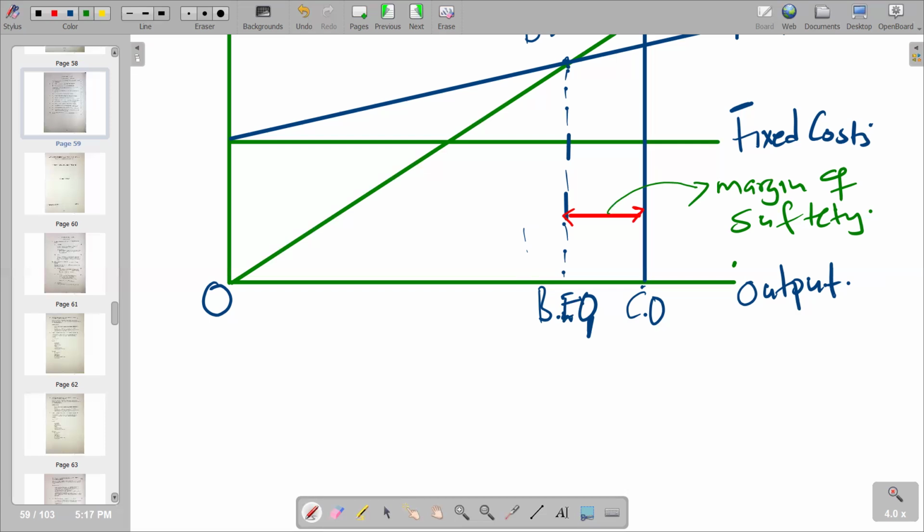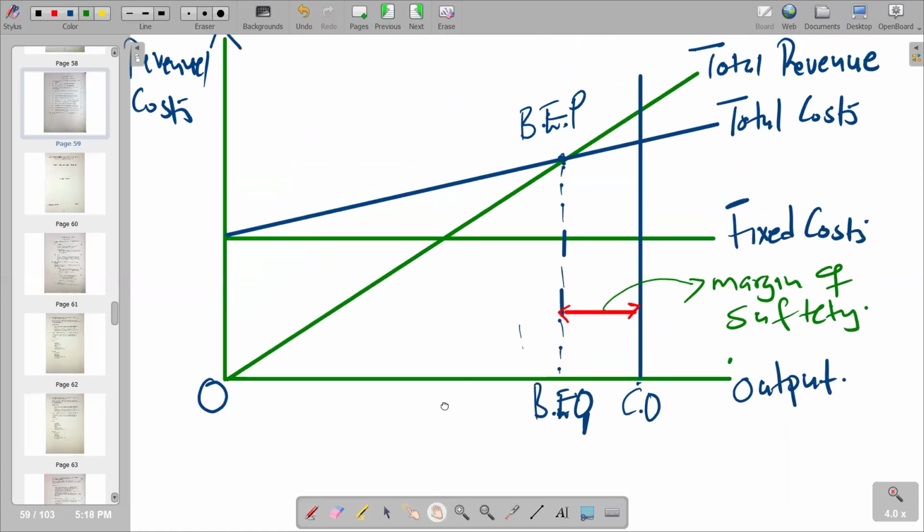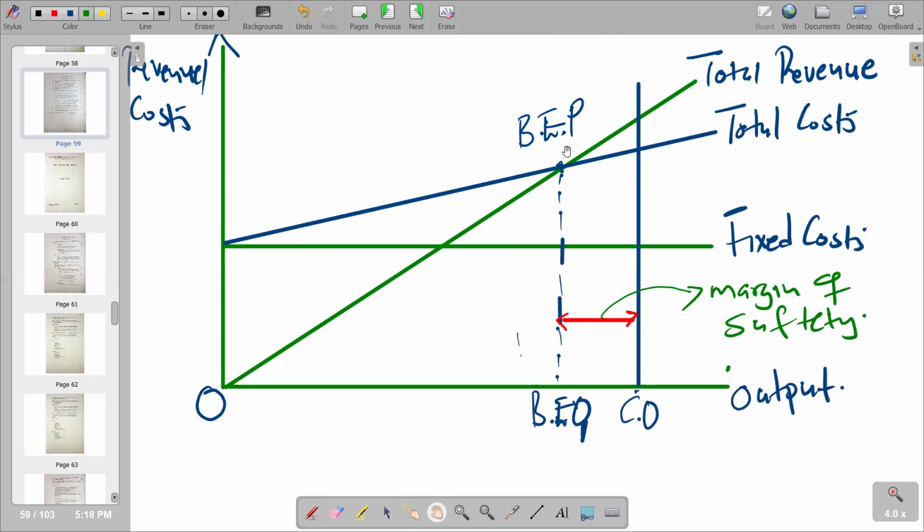Of course, beneath that, you are supposed to come up with a brief explanation, showing that your BEP is your break-even point, where your total revenue is intersecting the total cost curve. And then you explain about the margin of safety. The difference between current output and break-even quantity reflects our margin of safety. So that's what we have.